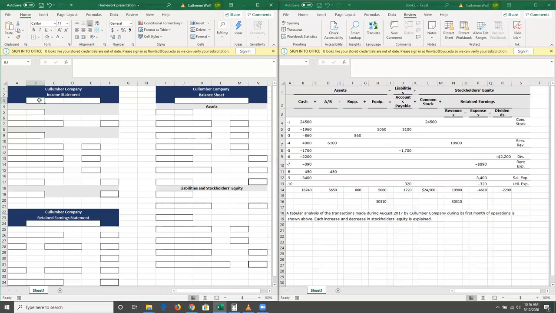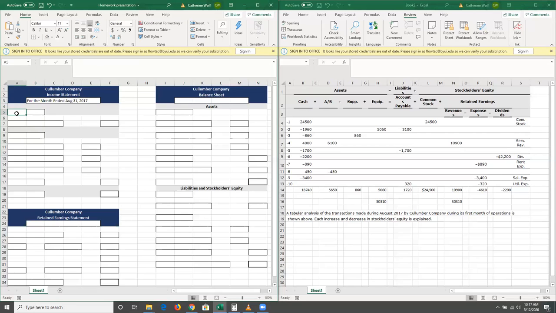Of course, for an income statement, this is for the end of August 2017. Like I said, it's the first month, so we're not going to do for the year ending in August 2017 or anything like that. We're just going to do for the month ended August 31st, 2017.